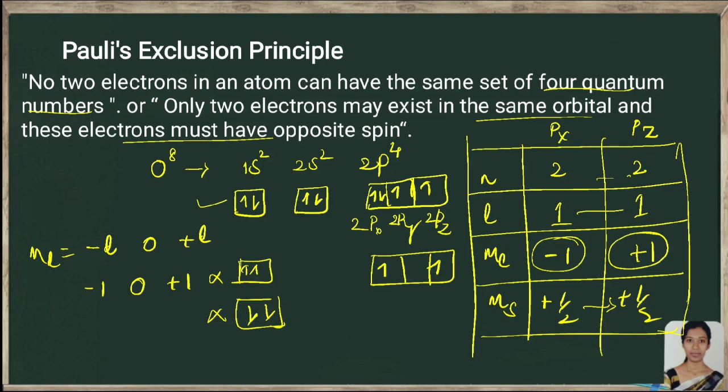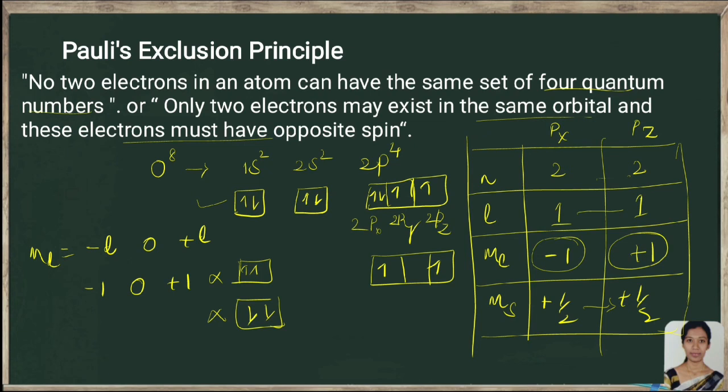You can consider another set of 2 electrons and write the quantum numbers, and you will find that at least one of the quantum numbers is different. This is Pauli's exclusion principle. With this, we understood the Aufbau principle, the n plus l rule, Hund's rule and Pauli's exclusion principle.